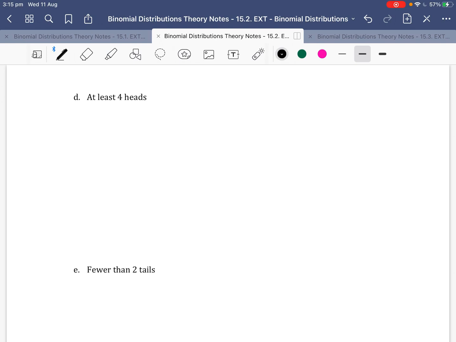For example D, we want at least 4 heads. What this means is the probability of X is greater than or equal to 4. So this is going to be the probability that X equals 4 plus the probability that X equals 5. We need to find what X equals 4 is when we get 4 heads.